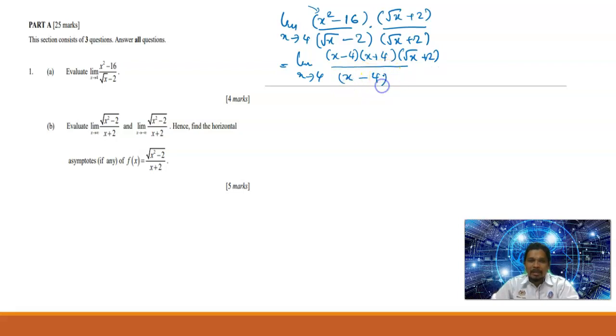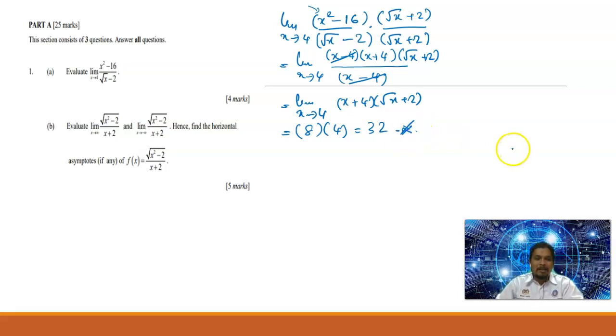So, clearly between these two, x minus 4 divided by itself equals 1. So, limit of x approaching 4, we have (x plus 4) times (square root of x plus 2). So, what do you get then? Substitute x with 4 here, 4 plus 4 equals 8, and square root of 4 equals 2, 2 plus 2 equals 4. Then it equals 32.